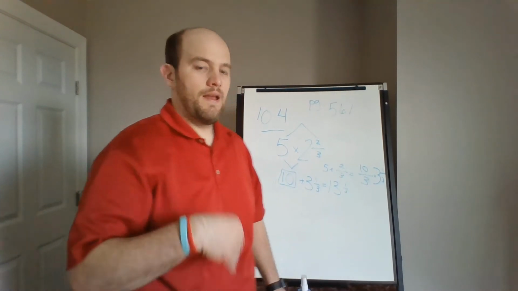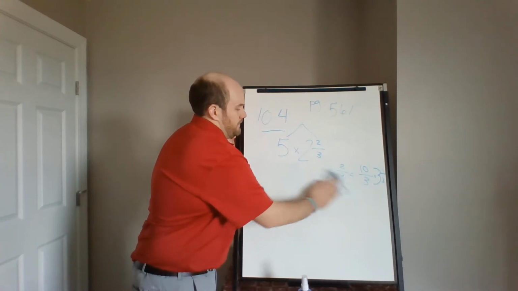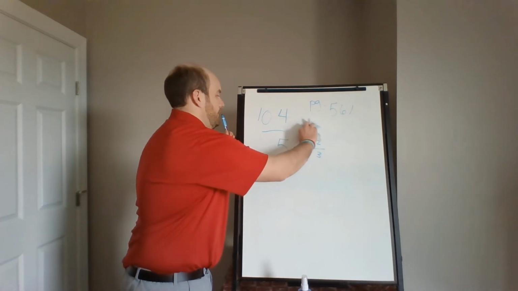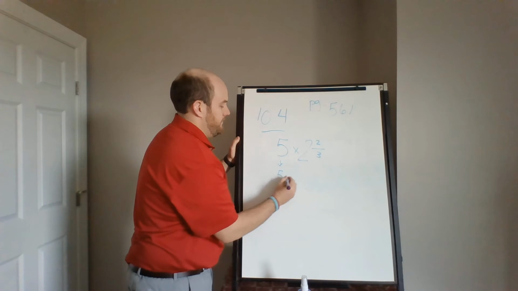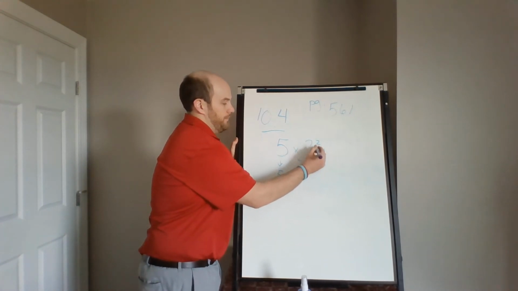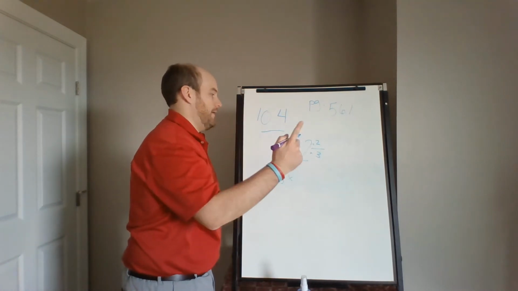That's the one way. The next way that they solved it, just to kind of show you, all right, the other way that they solved it was that they kept this the same. They just brought it down, and then they converted this mixed number back into an improper fraction. Remember, you multiply the bottom, you add the top.